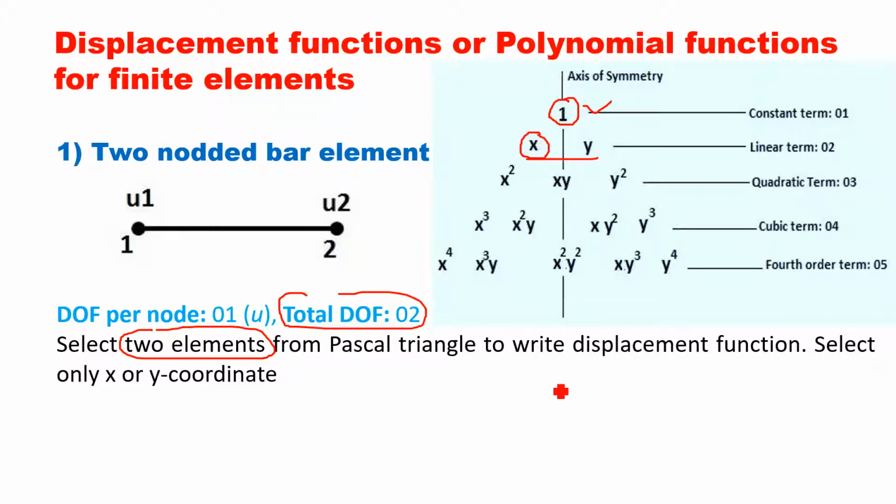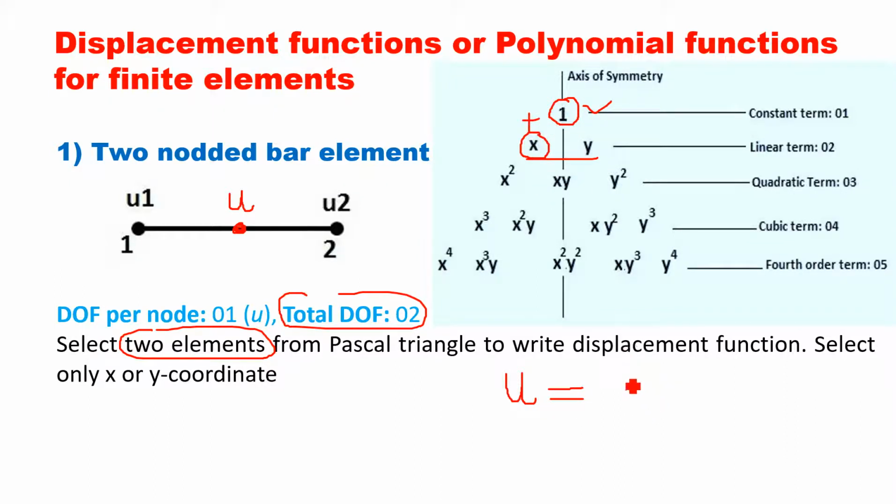So displacement function can be represented like this. If you select any point on this bar element, the displacement of this point is, let it be, u. So we are writing displacement of any point on the bar element is u. Now we have to add these two elements together.